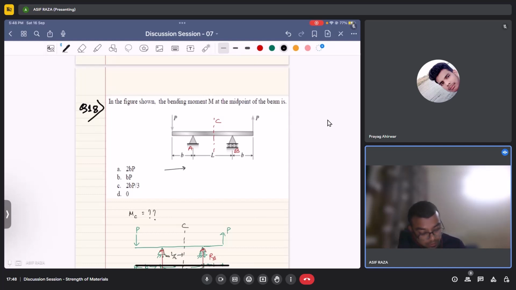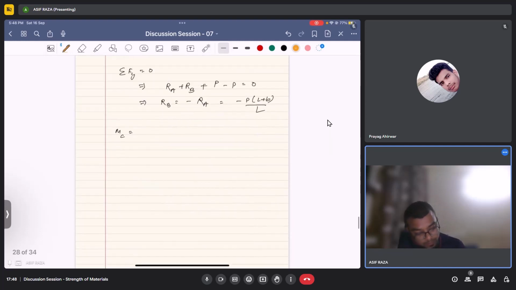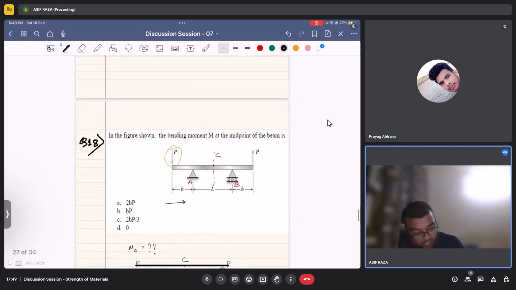First contribution of the bending moment would be due to this load P, and that would be P into L by 2 plus B, and this is like take the negative side, minus, because it's anti-clockwise.